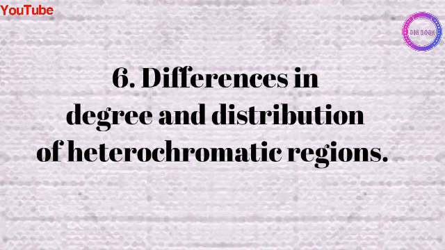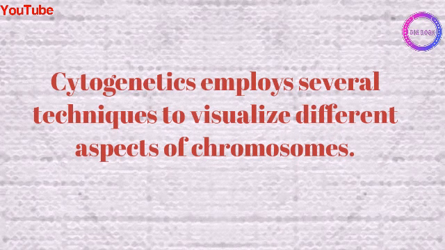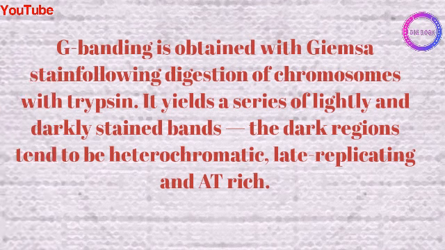With the help of the degree and distribution of heterochromatic regions, we can describe how the chromosome is present. Now the next slide is going to describe certain techniques which are used, very briefly. That is, cytogenetics employs several techniques to visualize different aspects of chromosomes. First technique is G banding. It is obtained with Giemsa staining following digestion of chromosomes with trypsin.